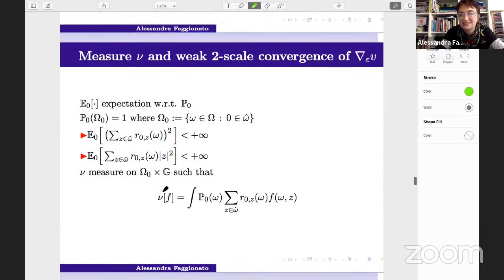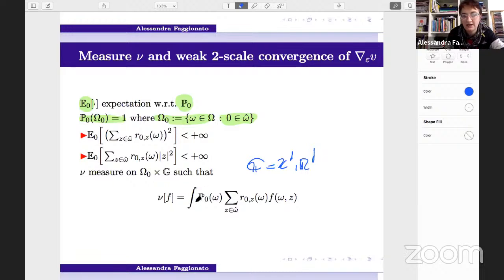Now, in order to isolate some ergodicity property also for the gradients, I need to introduce another measure, which is not so exotic. Recall that I wrote E0 for the expectation with respect to the Palm distribution. The Palm distribution is a probability measure supported on the environments such that the origin is in the state space of the random walk, so omega 0. Now nu is a measure on the product space, environment times the group G, which can be Z^d or R^d, and the expectation of a function f for nu is this one.